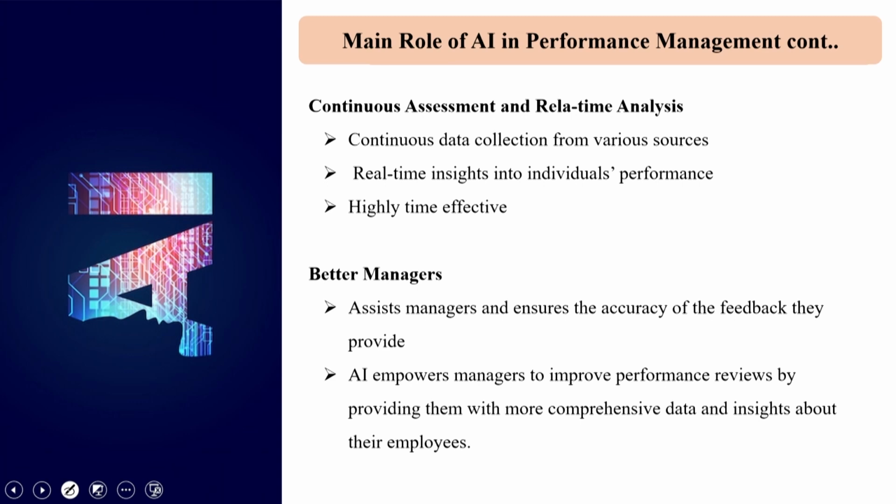AI assists managers in validating their judgments and ensuring the accuracy of the feedback they give. Also, it enables managers to enhance their performance by providing access to a broader range of data and insights about the employees they are assisting. So basically, it is a one-stop solution for making better managers.